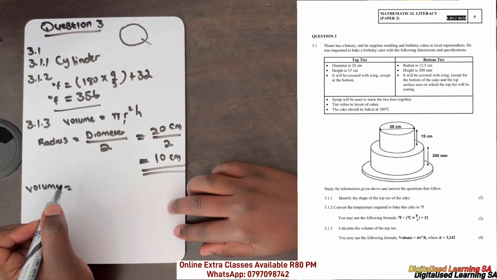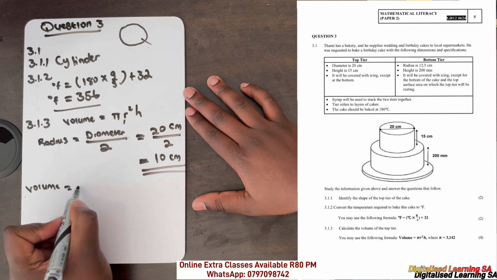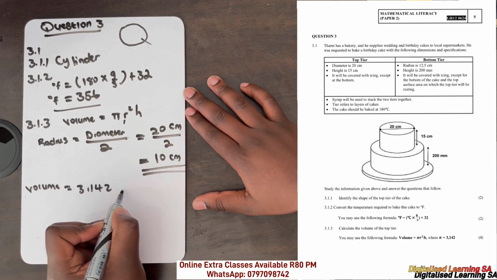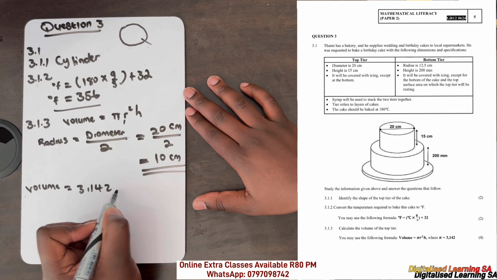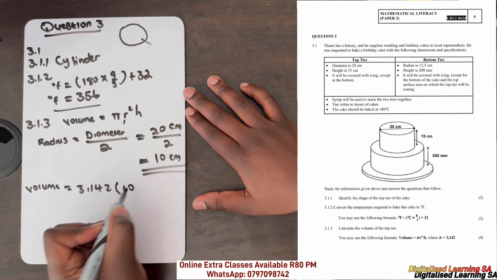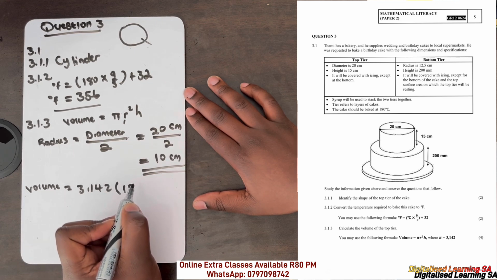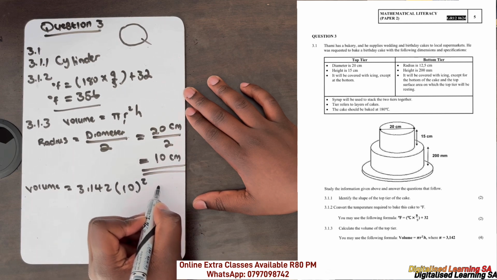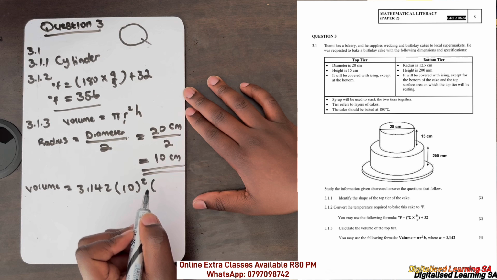Now we can calculate our volume. Pi is 3.142, multiplied by r, which is 10 squared, and then multiplied by our height, which is 15.